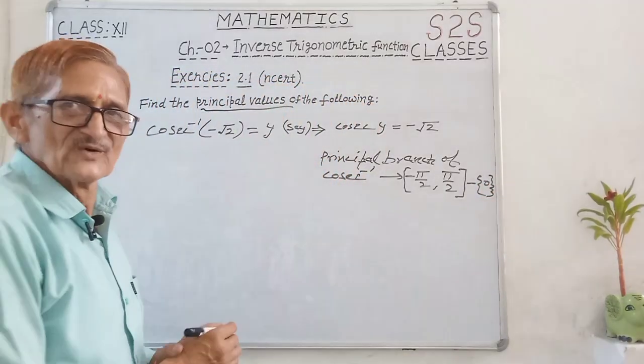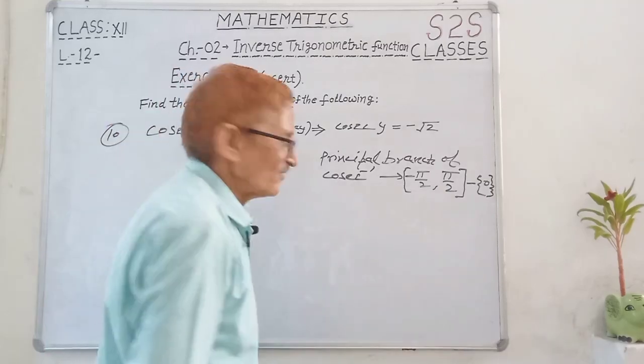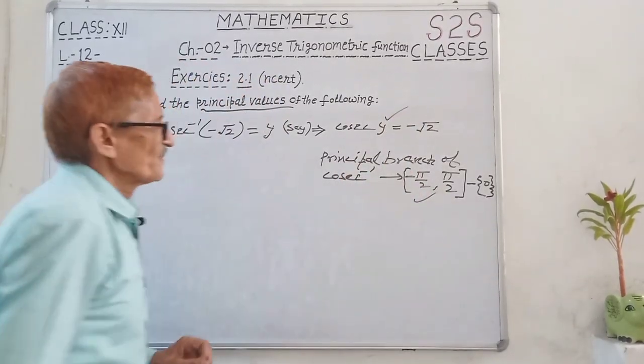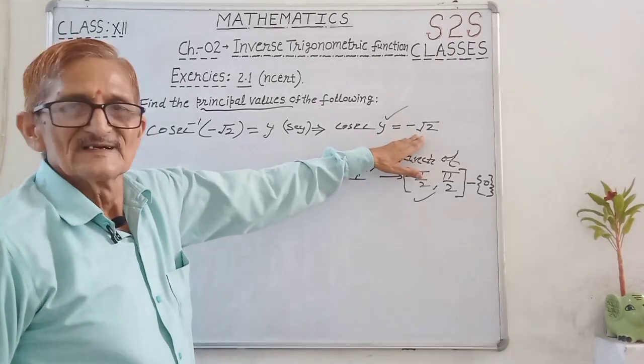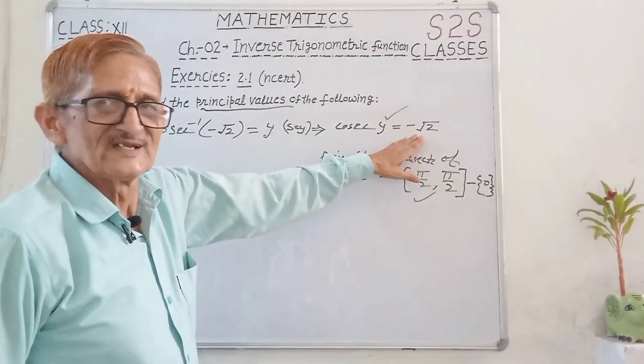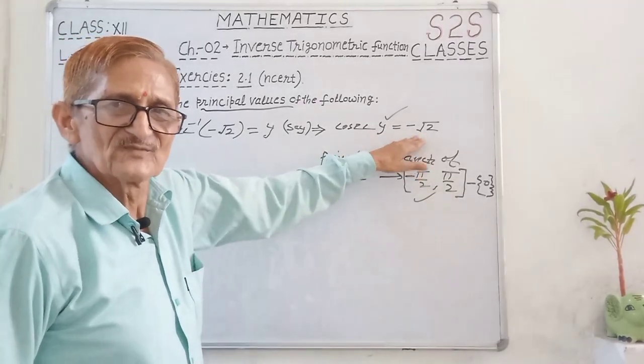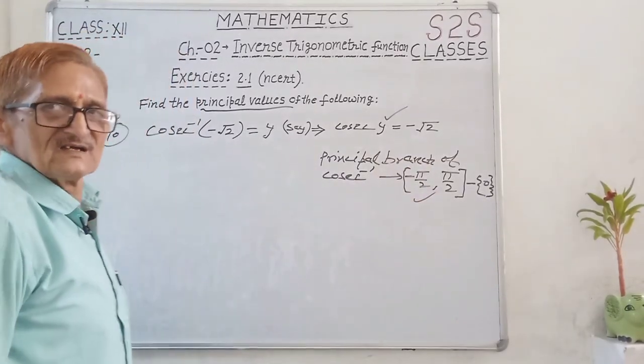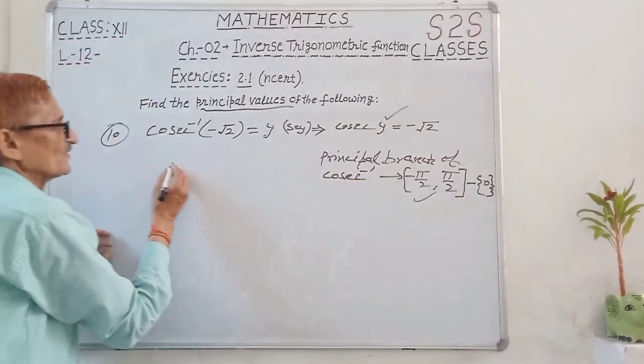For cosec, 0 will not be in the output. So according to this branch, y is not in second; it is in third or fourth. Then it is in fourth, a negative value.